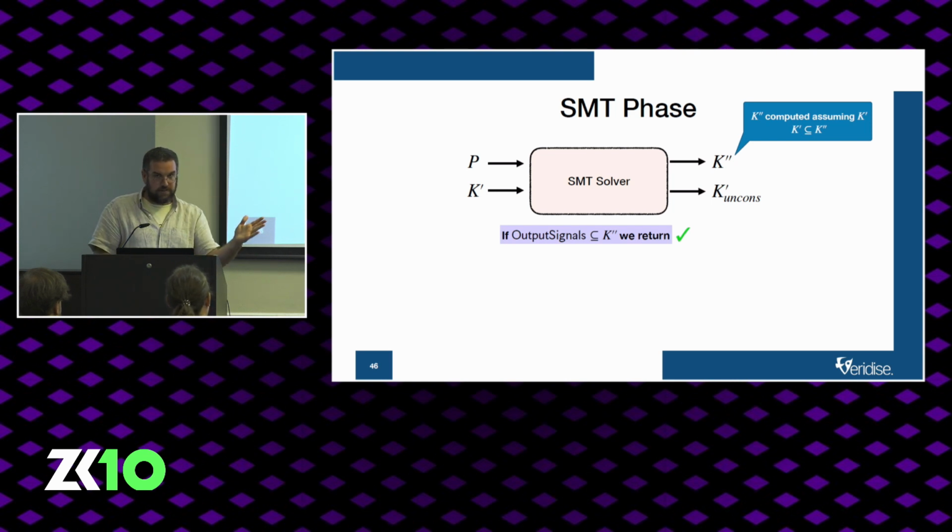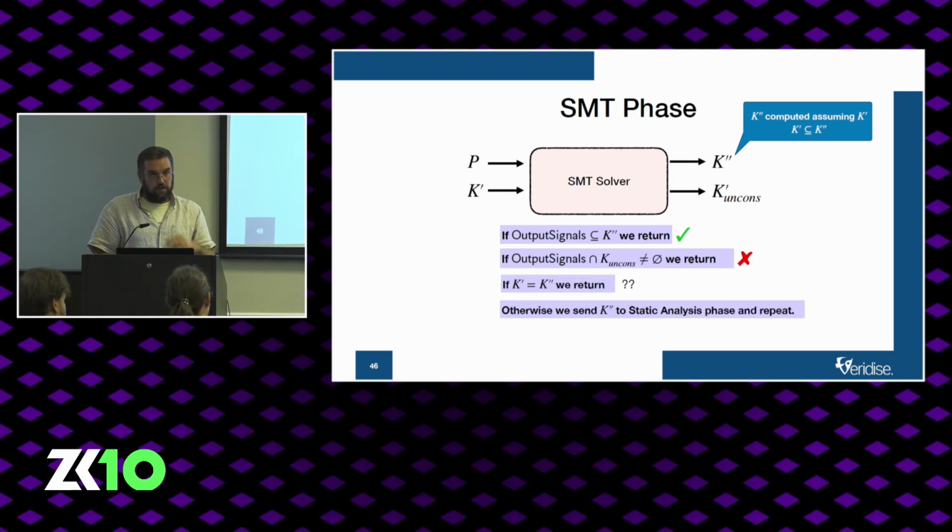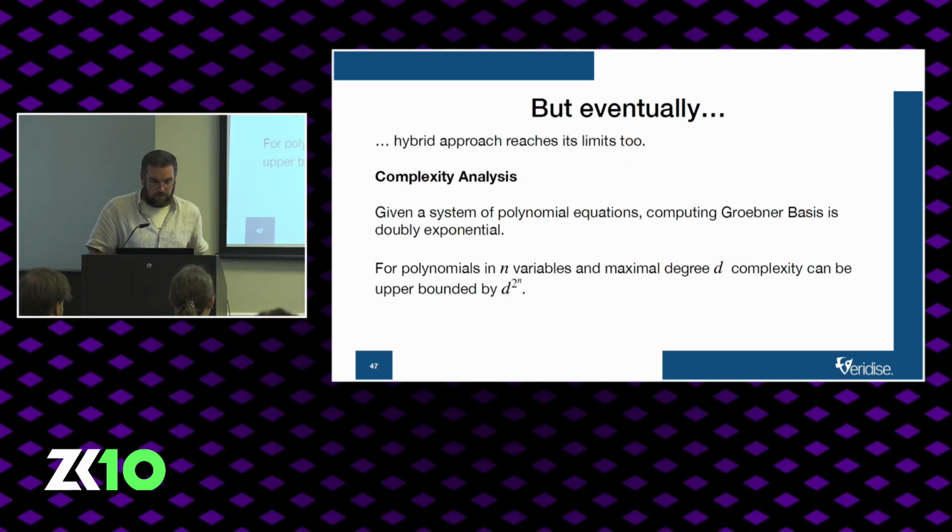Whenever one gets stuck, it passes it on to the other, and through this communication, in the end, you can conclude in most cases that something is under-constrained, which would not have been possible without this engagement between the two. You get quite some speedup, but eventually this also reaches its limits, because you take weight off the SMT solver, but it still has to do some heavy computation.